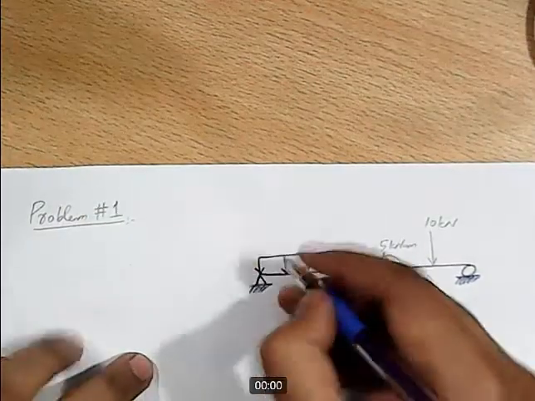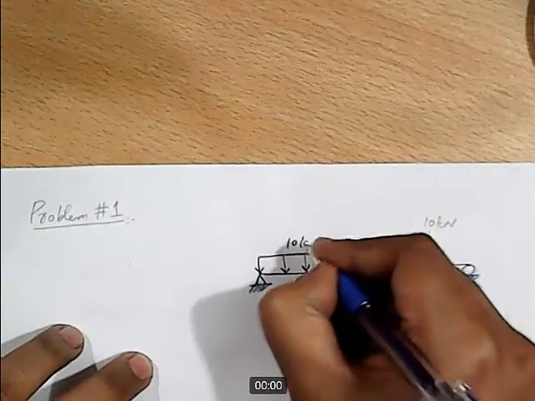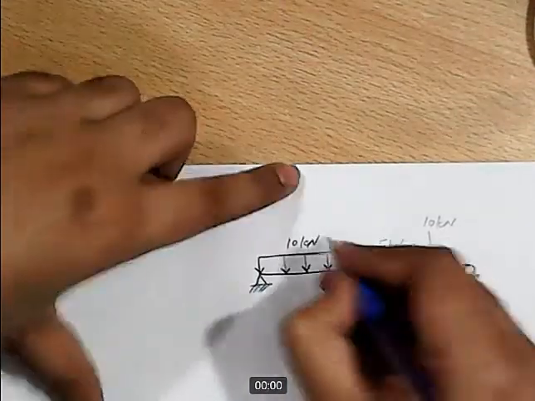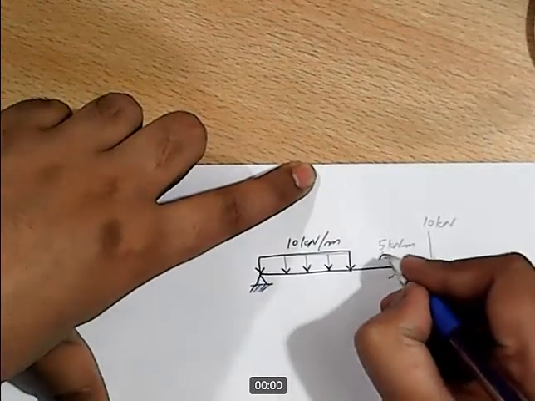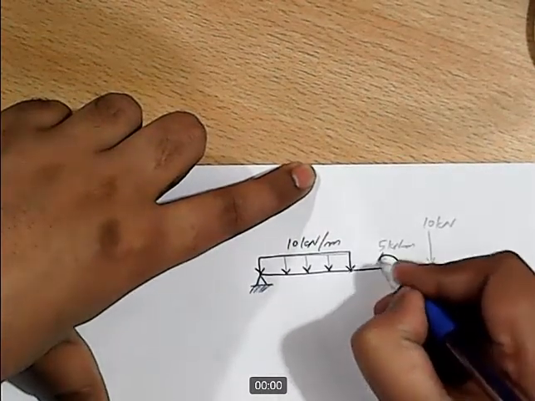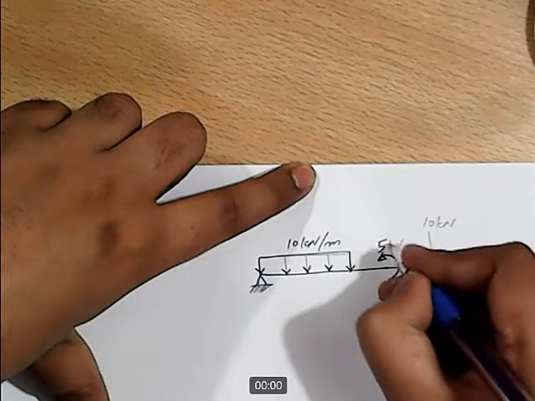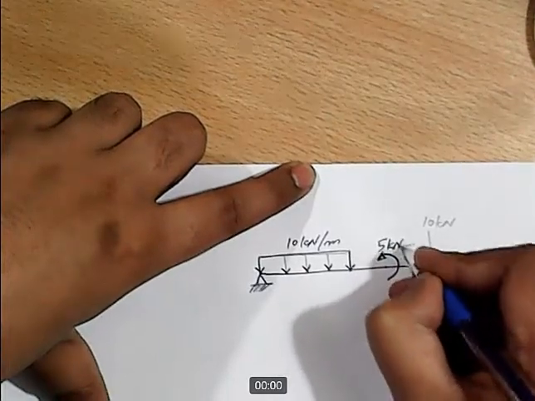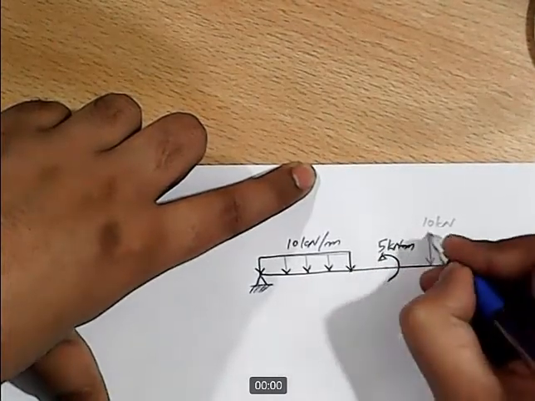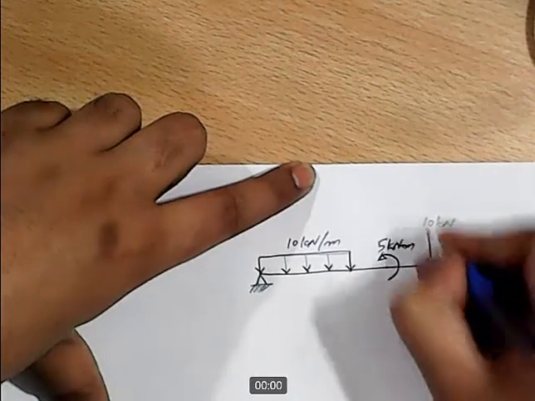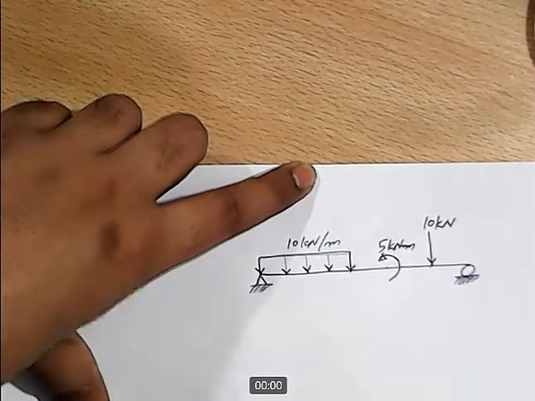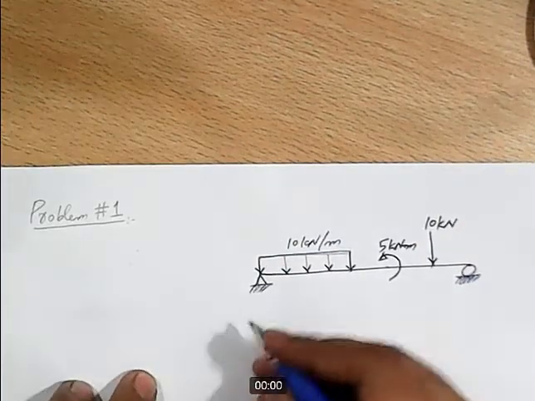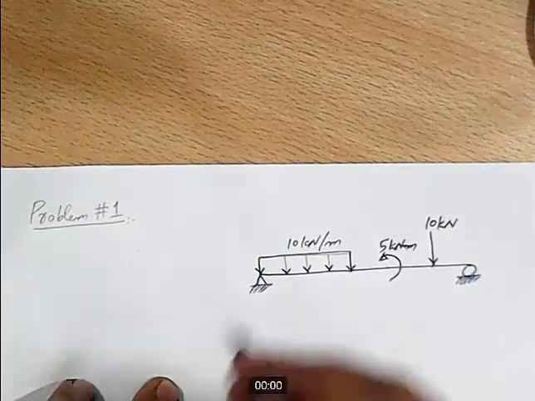The intensity of the UDL is 10 kilonewton per meter. Point moment 5 kilonewton meter, and point load 10 kilonewton. Okay, then we have these distances.